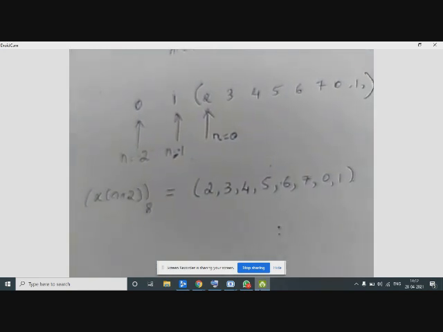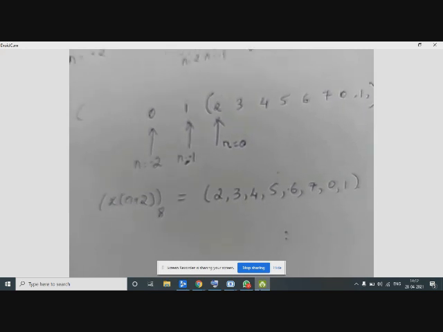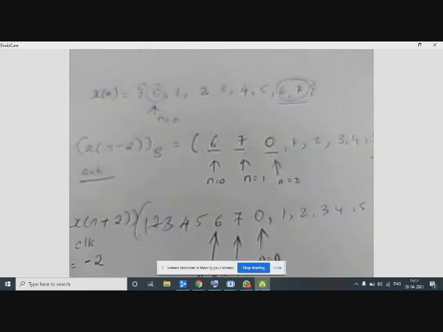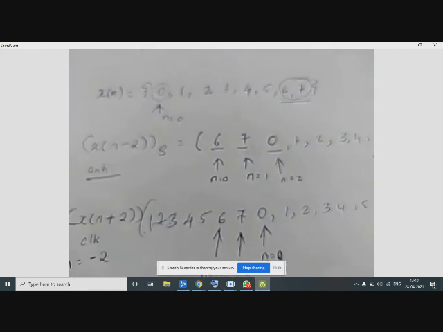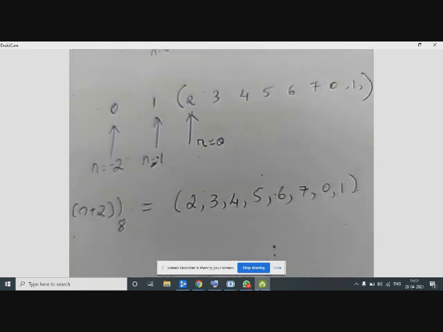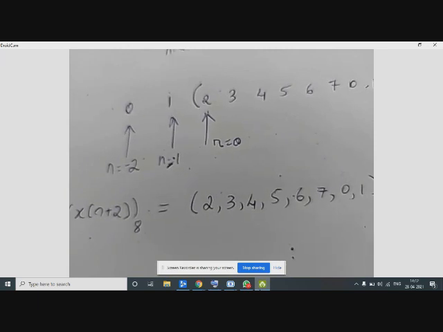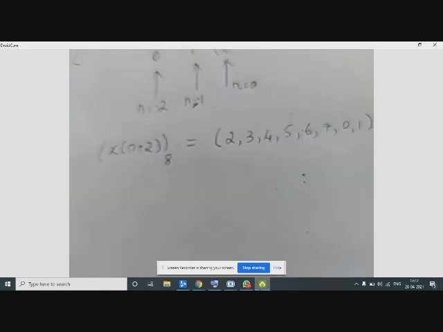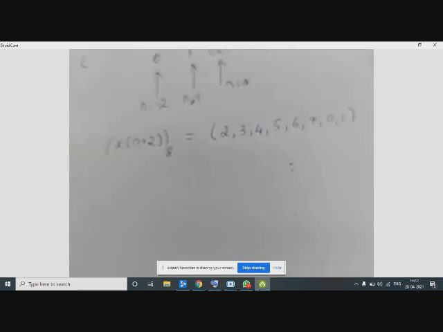This is x of n plus 2. Right? So what happened? Your sequence was 0, 1, 2, 3, 4, 5, 6, 7, right? So for x of n plus 2, the first 2 sequences went to the last. So n plus 3, what will it be? Tell me.